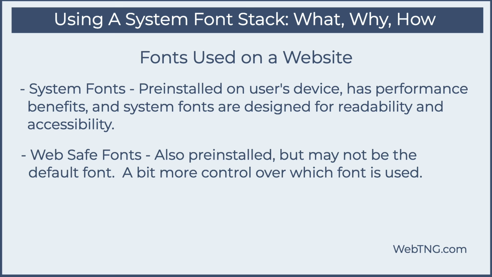Second category of fonts are web-safe fonts. These are fonts that are also already installed on the user's device, but they may or may not be the default system font. Like the system fonts, because they're pre-installed, you have that performance advantage.